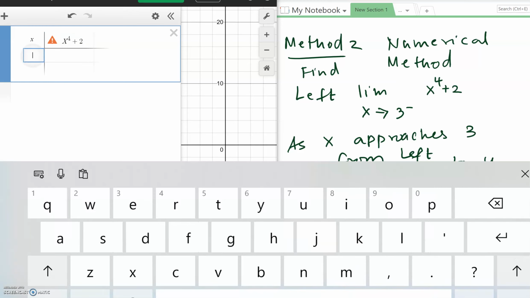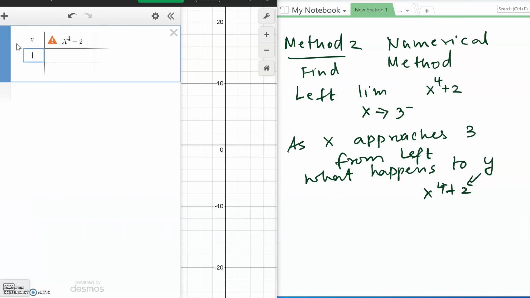Now we're going to choose x values approaching 3 from the left side. If I have a number line with 3, x is going to approach 3 from the left side. So we're going to start off by choosing x equal to 2.9, which is smaller than 3, and then move closer to 3.